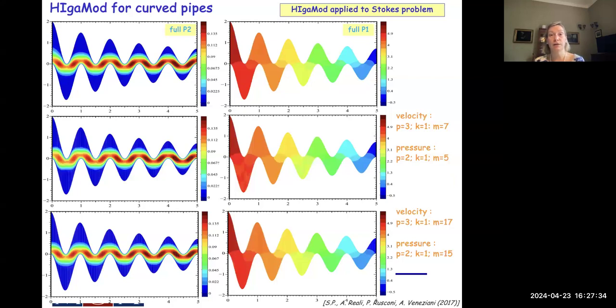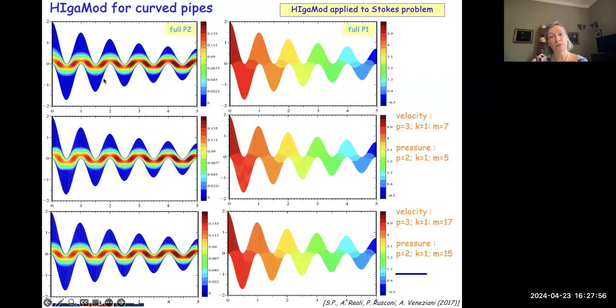In particular, on the right column, you have the pressure. On the left column, you have the modulus of the velocity. The first row is associated with the reference solution, a finite element approximation, P2 for the velocity, P1 for the pressure, for the standard inf-sup requirements.